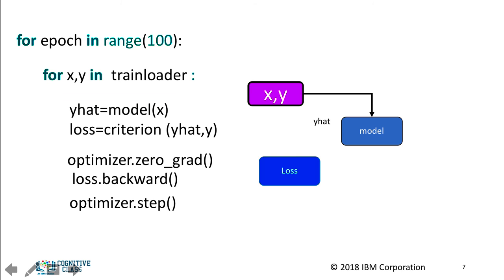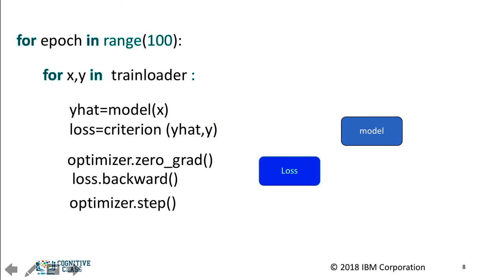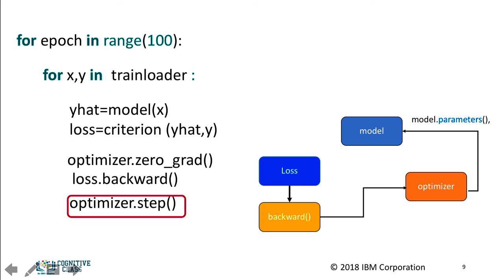Then we'll use the actual value, y, and the predicted value, y hat, to calculate the loss. Now, when we call loss.backward, it will differentiate the loss, calculate the derivatives, and the optimizer step will perform an update on the model parameters accordingly. If you remember, we use the method model.parameters in the optimizer constructor.